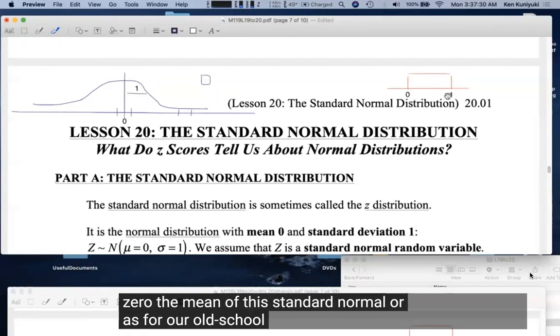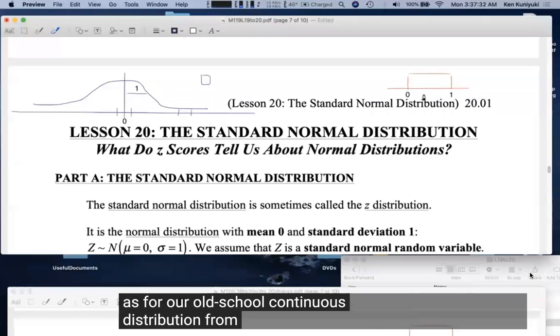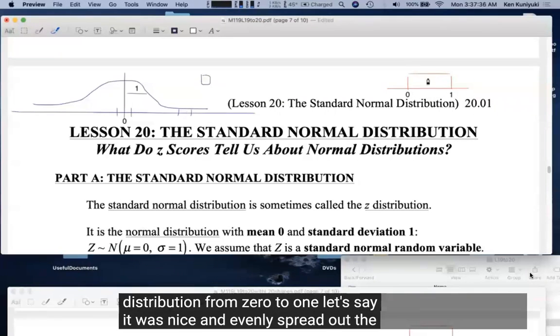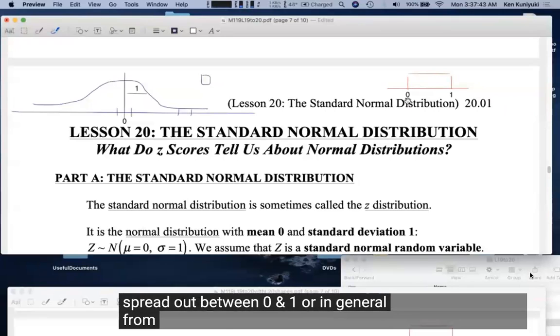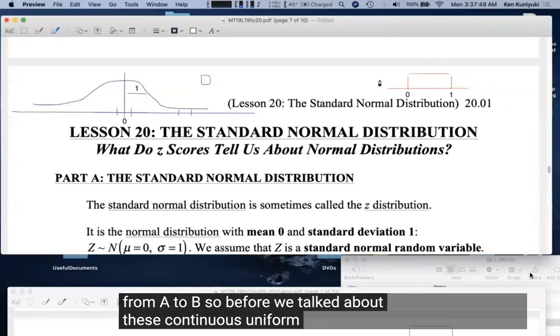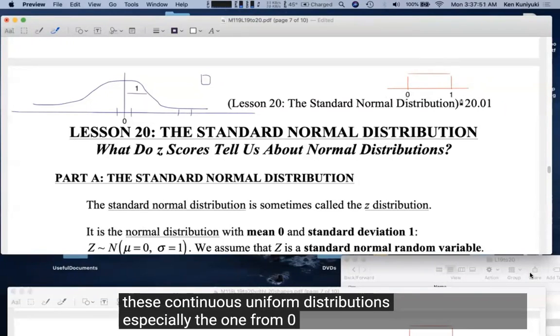Whereas for our old school continuous distribution, from 0 to 1, let's say, the probability mass was nice and evenly spread out between 0 and 1, or in general, from A to B. So before, we talked about these continuous uniform distributions, especially the one from 0 to 1.